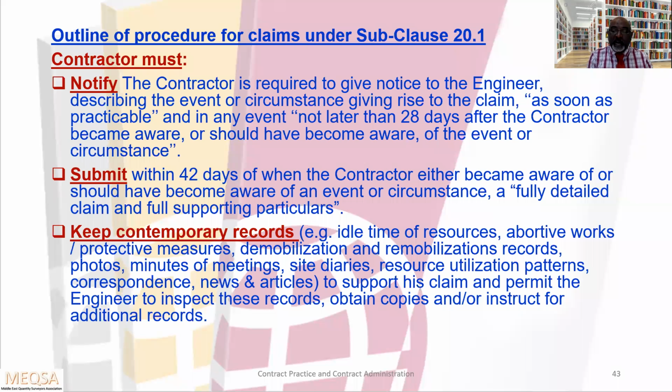Whenever the engineer wants to inspect these records, you have to give the permission. Permit the engineer to inspect these records, obtain copies or instruct for additional record. Even if the engineer wants more details, more information, he can instruct the contractor. We need this kind of information, this kind of evidence, this kind of quotation like that.